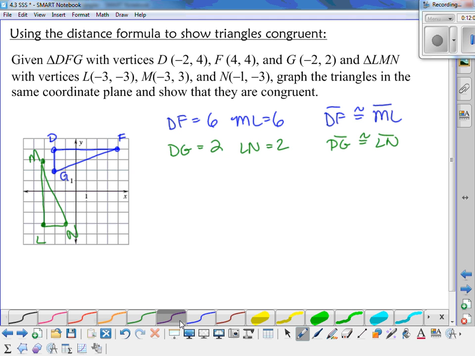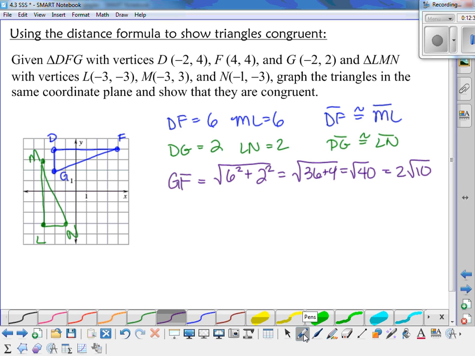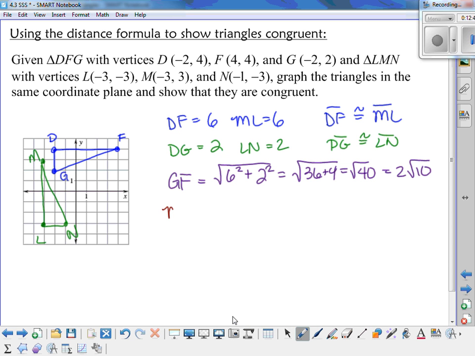So if I look at GF using the distance formula, I'm going from a -2 to a +4, that's a distance of 6. And I'm going from a +2 to a +4, that's a distance of 2. So that's the square root of 36 plus 4, which is the square root of 40. And so GF would equal 2√10. And then if I do MN, my X is changing by 2, my Y is changing by 6.